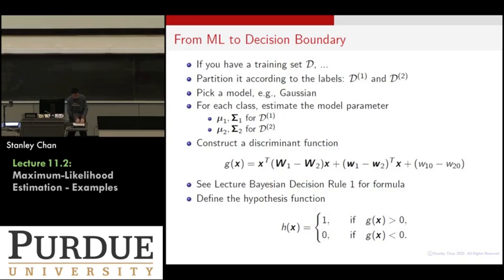So what you do is construct this discriminant function. Eventually you want to construct this hypothesis, which is either yes or no for the testing data that you give me. How do you do that?